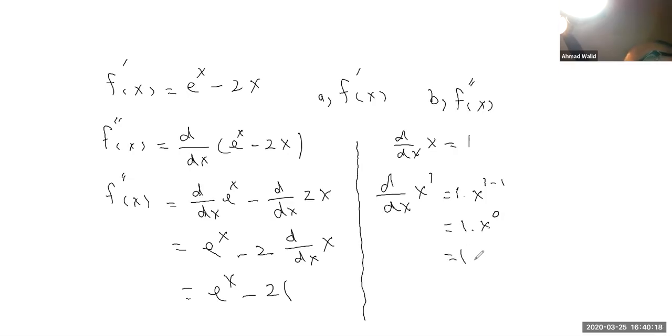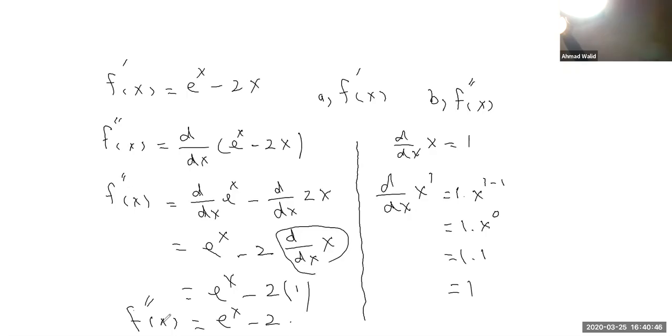Which gives you 1 times any number to the power of 0 gives you what? 1, which gives you 1. That's why here, when you take the derivative d dx of x, immediately you write 1. Then your answer will be e to the x minus what? 2. This is the second derivative of this given function f of x.